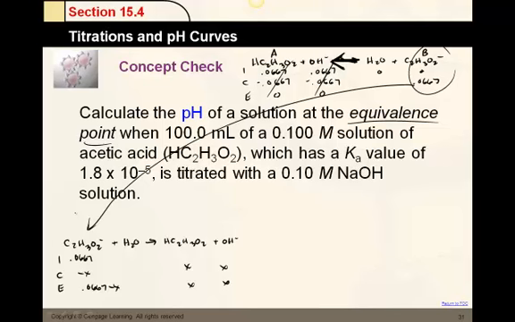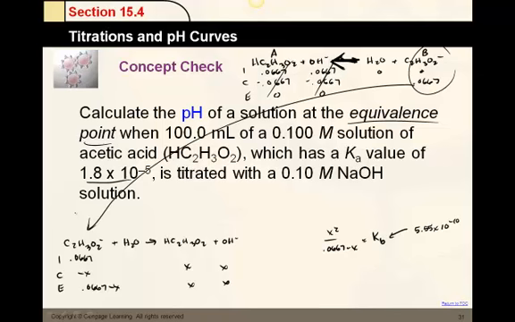Now, when we are solving x squared over 0.0667 minus x, it better be equal to the Kb value because this is production of a base. And I get the Kb value by using Kw and this number, and when you do, you get the Kb value of 5.55 times 10 to the negative 10. That's what you get for that.